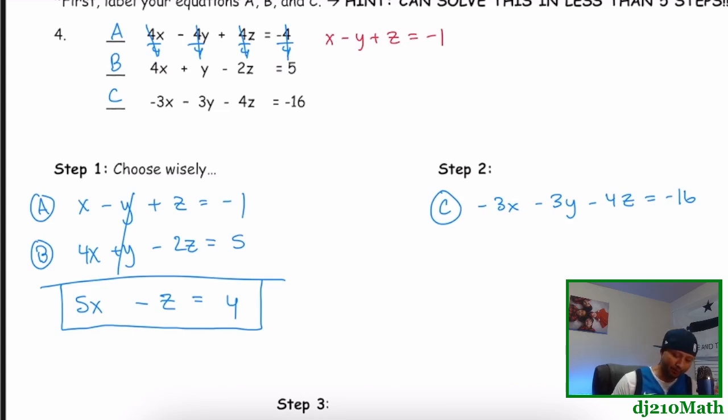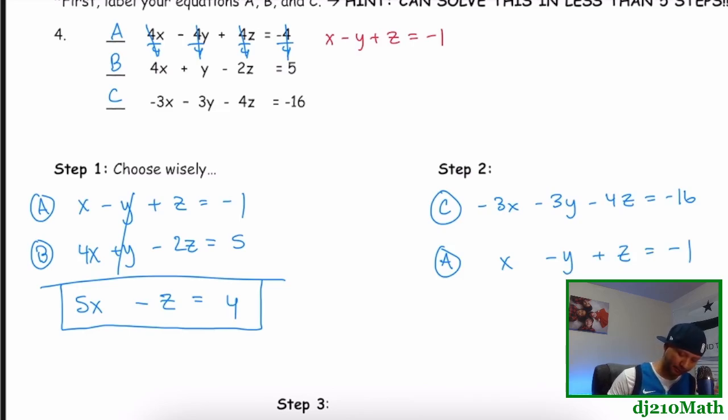I'm going to choose A for the simple fact that A is just easy to work with. Right? It's just x, y, z. X minus y plus z is equal to -1.